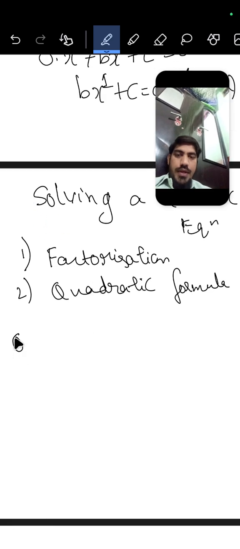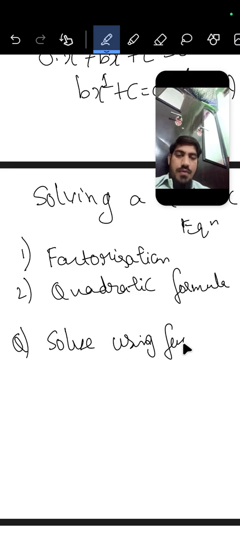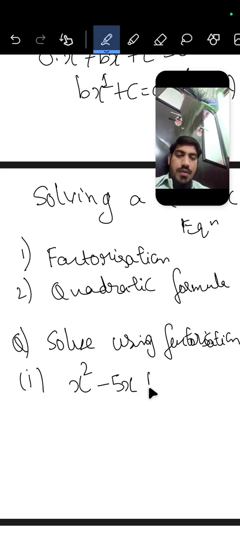If I take any question, say solve using factorization. First one, x square minus 5x plus 6 is equal to 0.